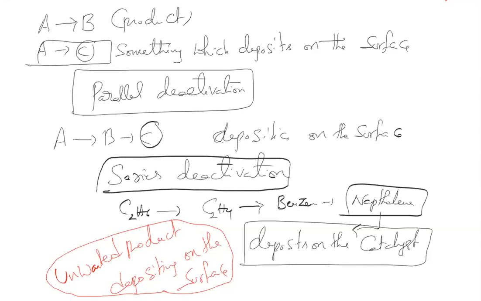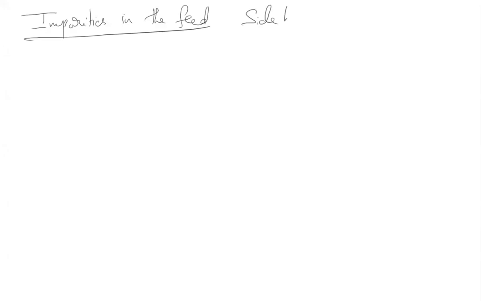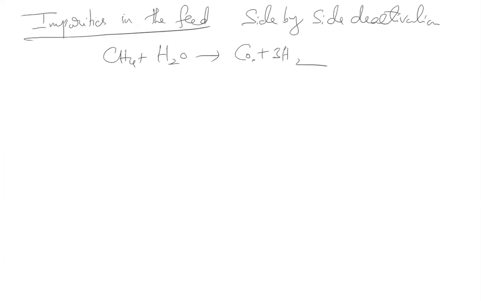Then another important reason is impurities in the feed. This is what you call side-by-side deactivation. One example is the steam reforming of methane: CH4 plus H2O gives CO plus 3H2.